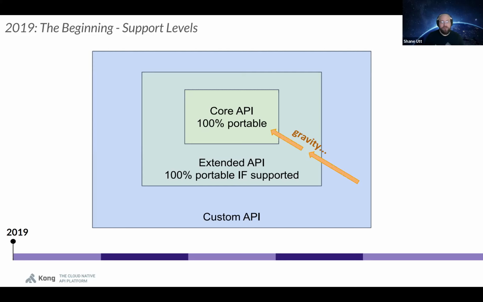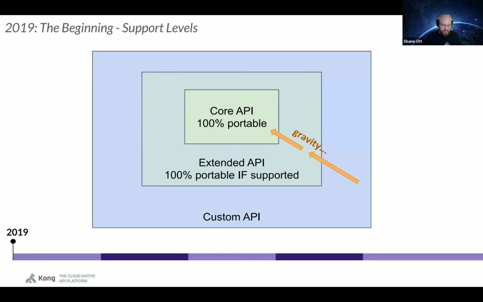And if they were somewhat portable, the implementation behind it might be significantly different, with some nuances in how you'd express it. What we came up with was the idea that we'd have a core API where everything is 100% portable. Basically, every implementation can and must implement the core API.